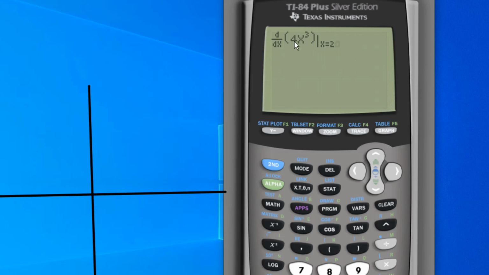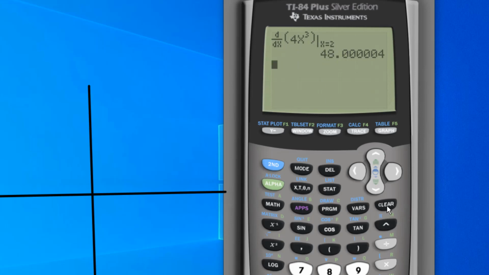So 4 times 12 is 48, so we enter here, and there it is. Now again, it's exactly 48. The formula it's using comes out to 48.000 and so on out to 4, but it's really just 48. The TI-84 would give you exactly 48.